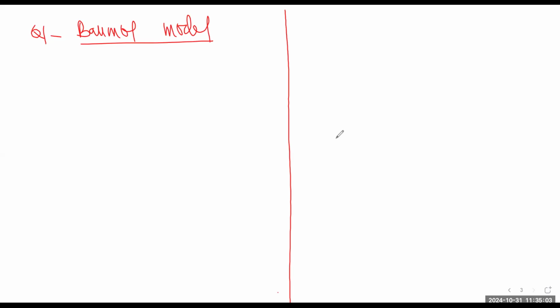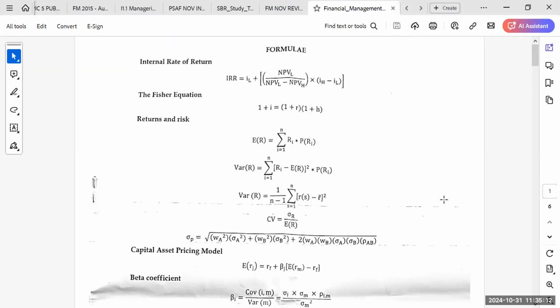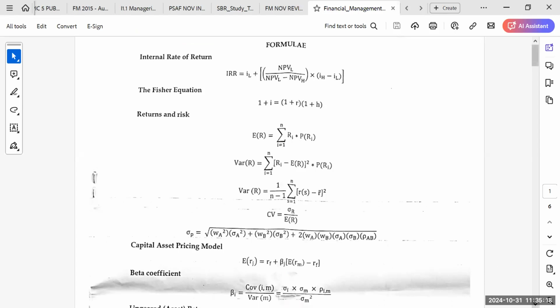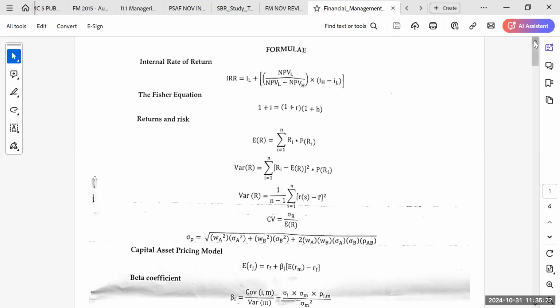Okay, I hope you can see the formula sheet. Let me take you there. I hope you can see the formula sheets now. Yes, sir. Okay.